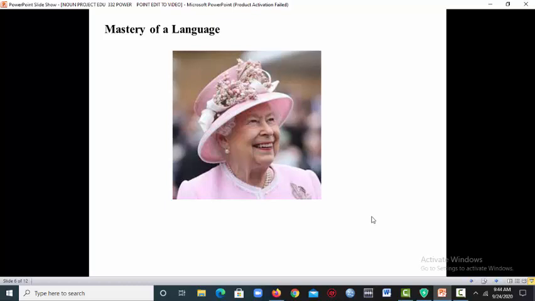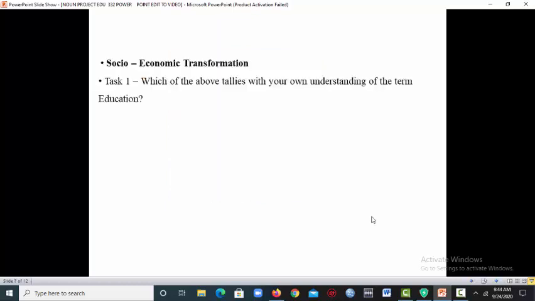Then, like I said, mastery of English language, some people feel when you send your child to school and he is able to speak good English, then you are giving him or her sound education. It is equally not to be taken as education per se. So, what of those who see education as being regarded as transmission from primitive economic to modern economic, socio-economic transformation?